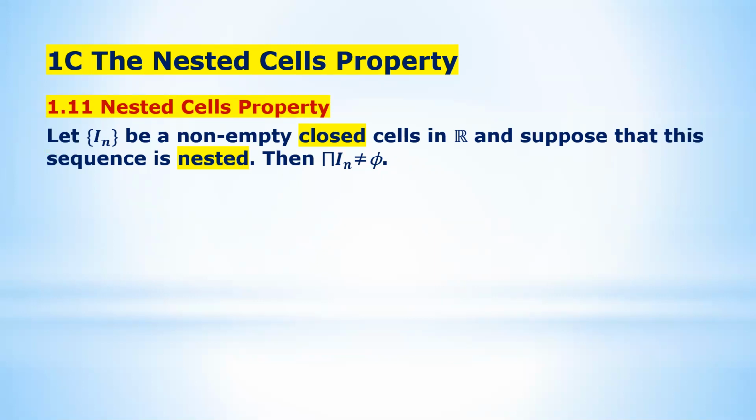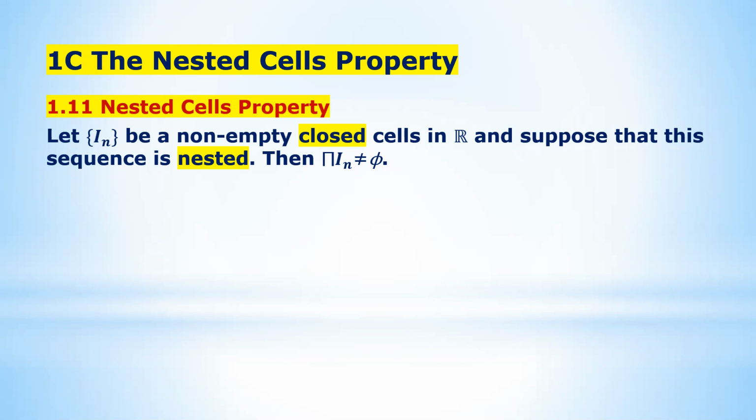It's extremely important. It is so important that this property is somehow equivalent to the completeness property. Our foundation is the completeness property. From this foundation we build several results, and now it's reached the nested cells property.